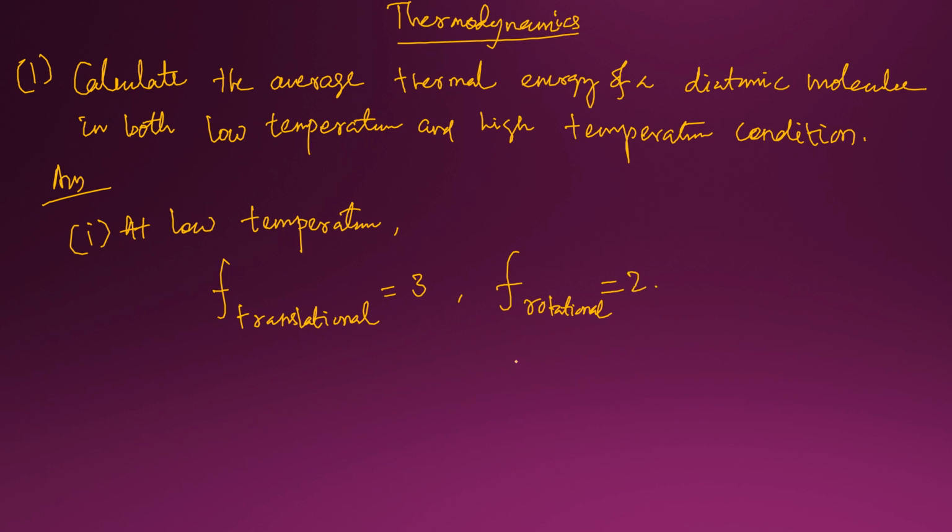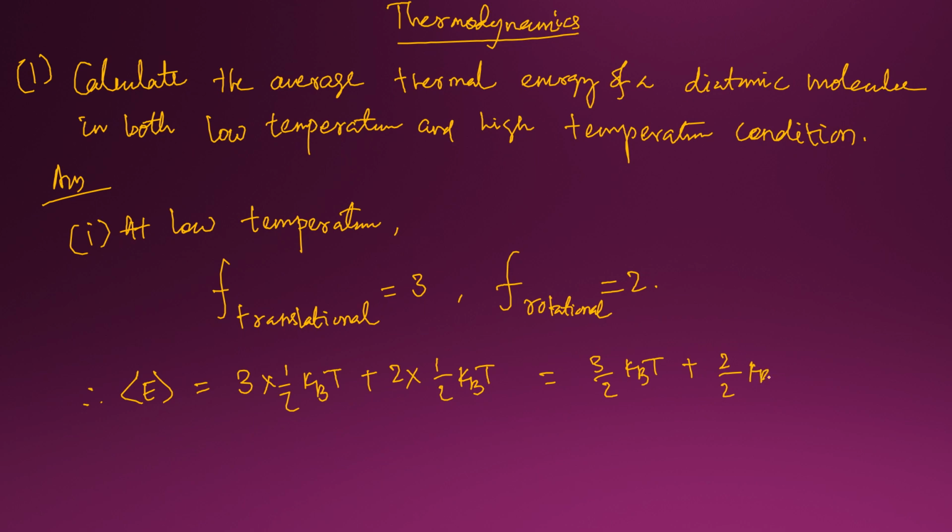Therefore, your average energy will become 3 into half kBT plus 2 into half kBT, half kBT for each degree of freedom. That gives 3 by 2 kBT plus 2 by 2 kBT, which will be 5 by 2 kBT at low temperature.